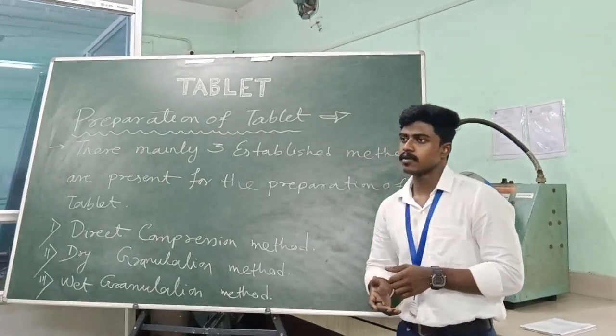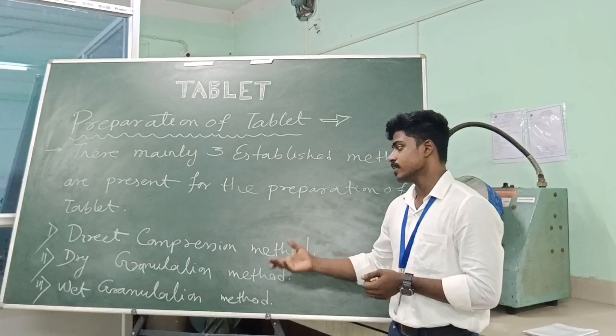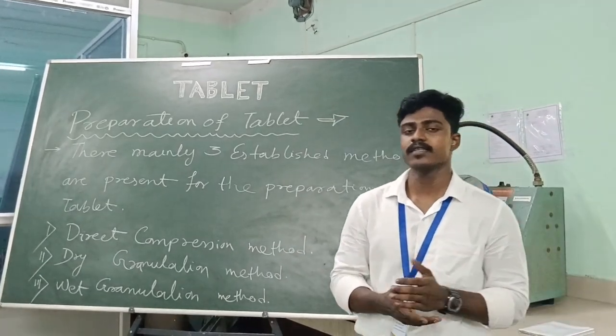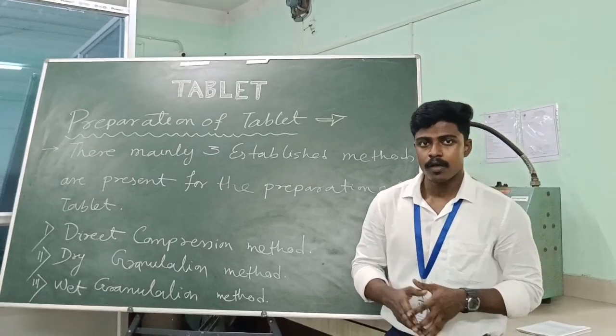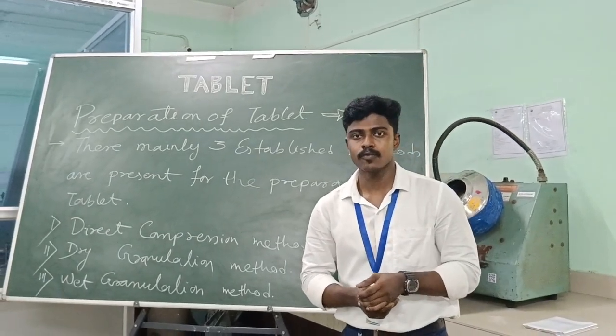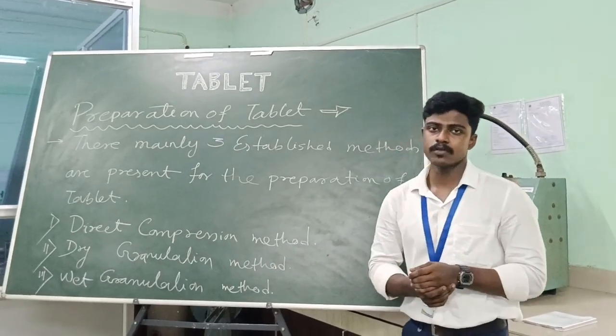In the dry granulation method, granules are prepared by a dry method, and in the wet granulation method, water or some kind of slurry is used for the preparation of wet granules. And we are going to discuss the wet granulation method of tablet.